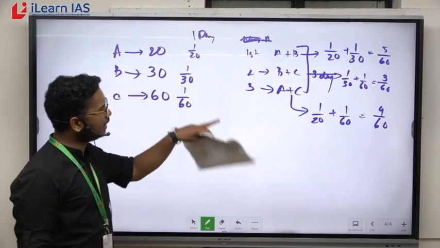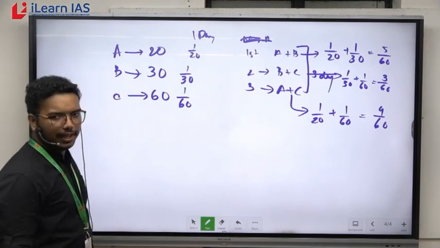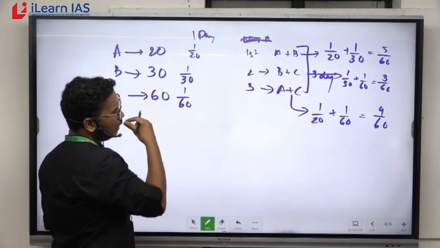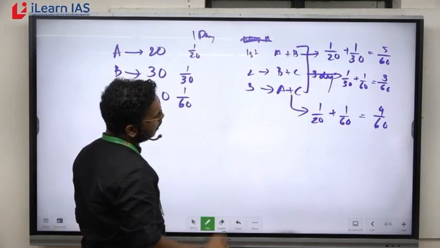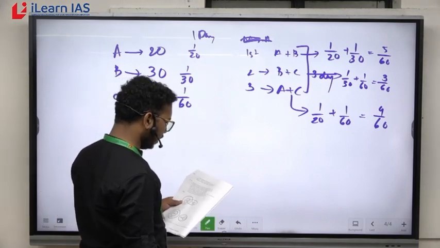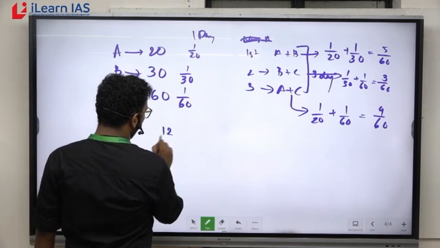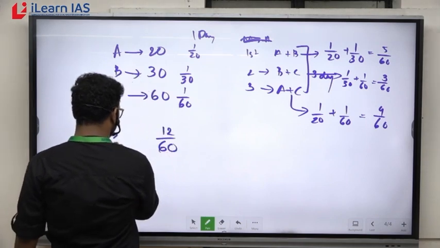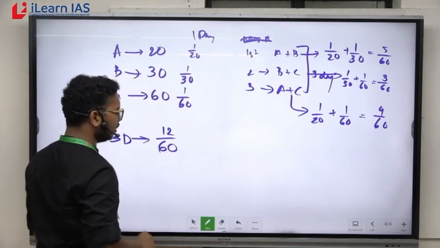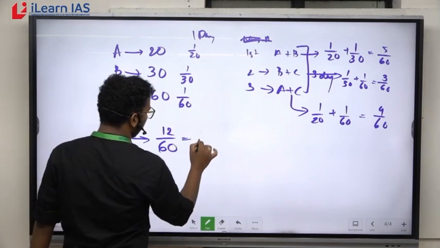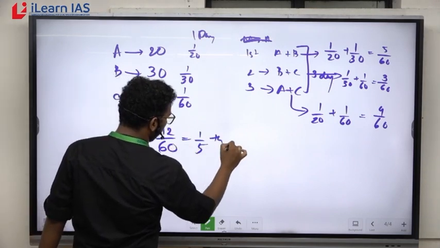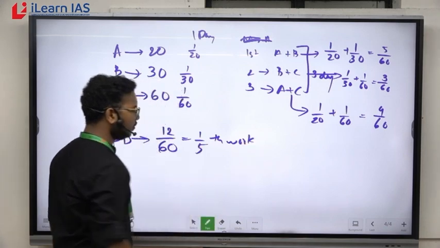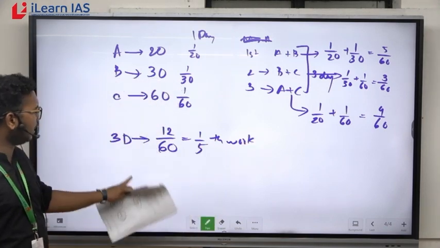So what is the work after 3 days? 5 by 60 plus 3 by 60 plus 4 by 60 will be 12/60. This can be written as 1/5. 1/5 of the work will be completed in 3 days.